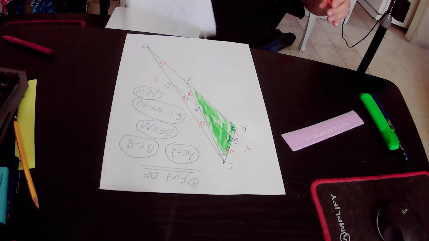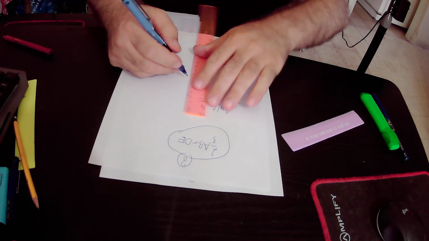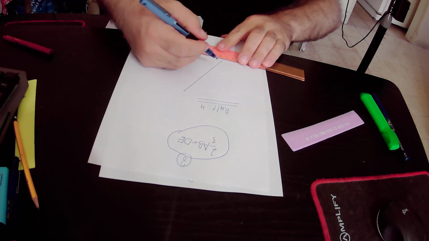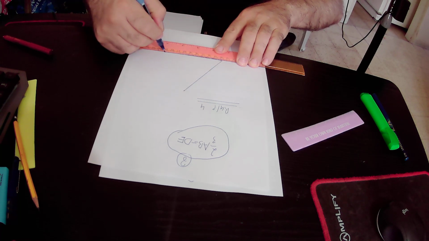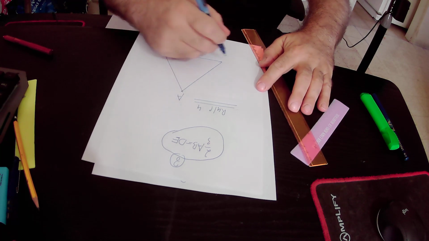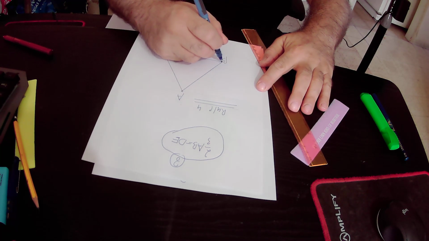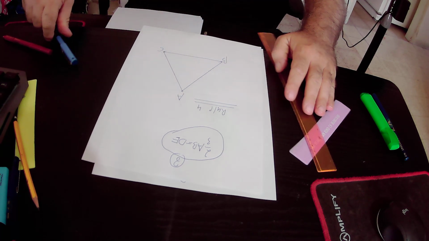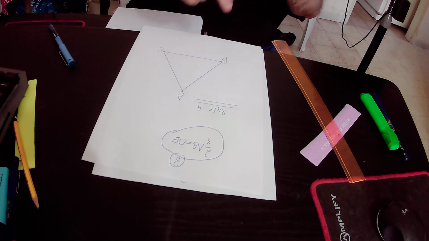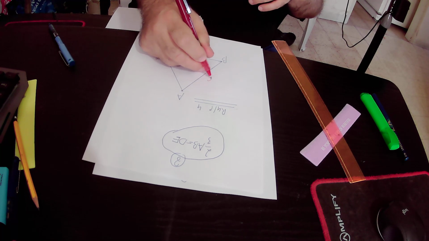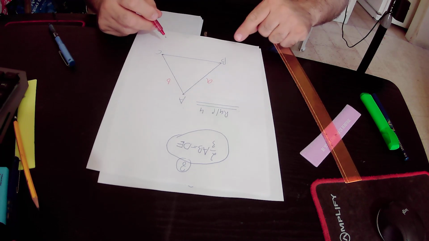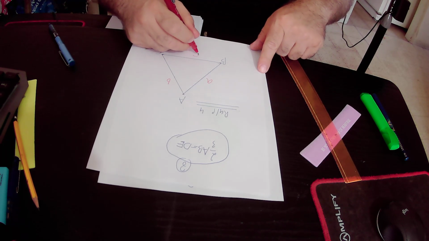So if we have triangle ABC that could be any triangle, and we know that the size of side AB of triangle ABC is A units, and the size of side AC of triangle ABC is B units, and the size of side BC of triangle ABC is C units.